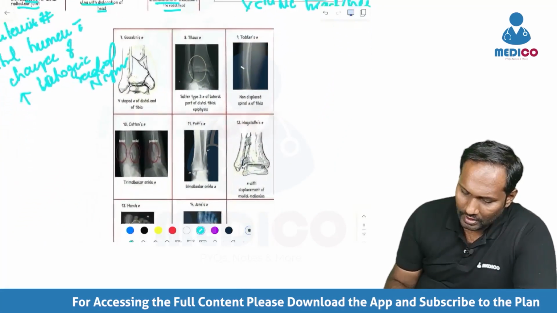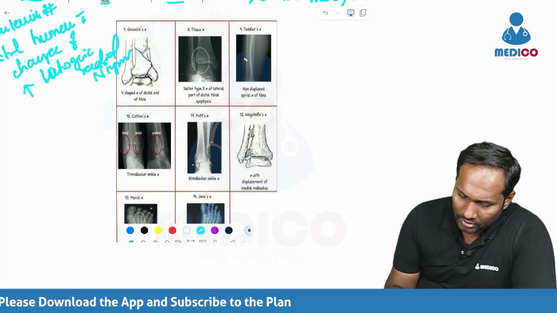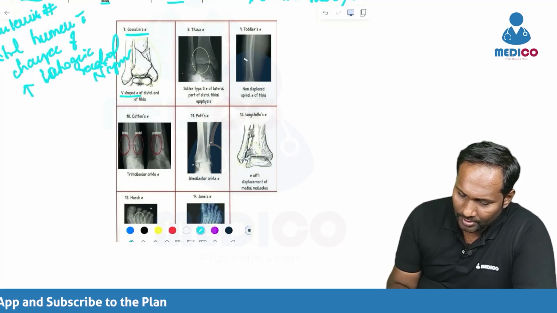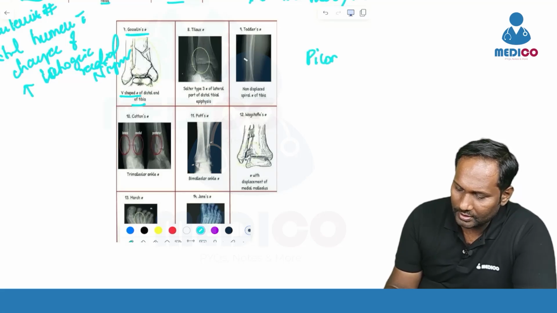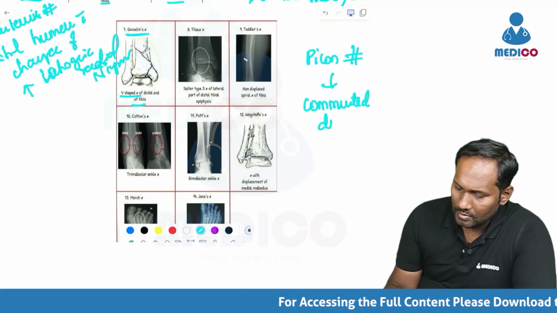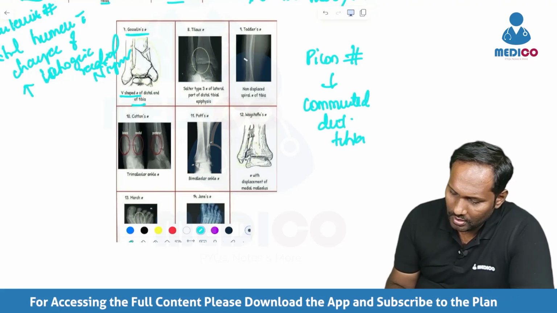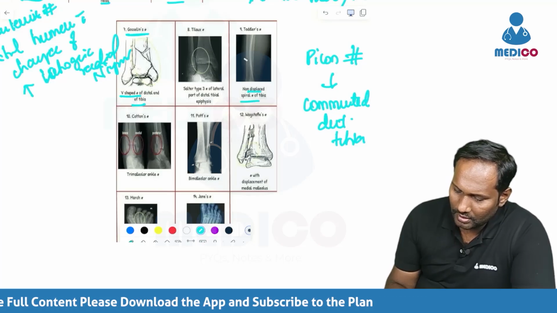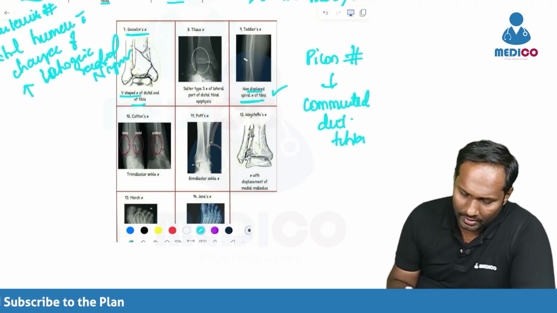Coming to the lower limb, you have the Gosselin fracture. It's a V-shaped fracture of the distal end of the tibia, or you can have a pylon fracture. Pylon fracture is a comminuted distal tibia injury. A toddler's fracture is a non-displaced spiral fracture of the tibia in a child.